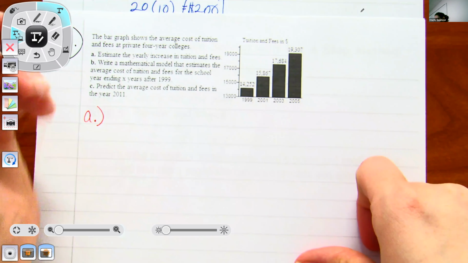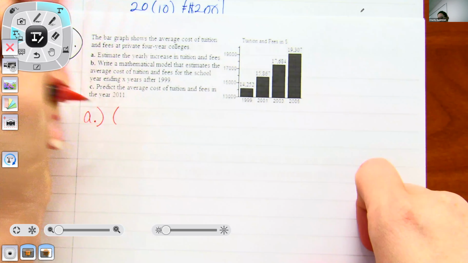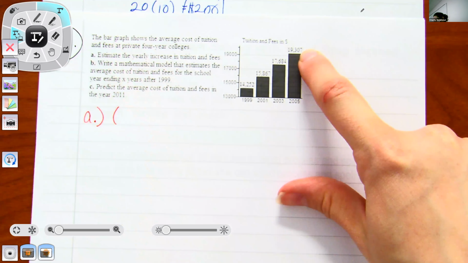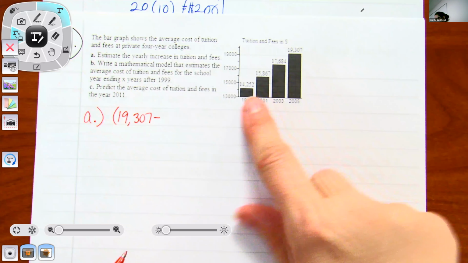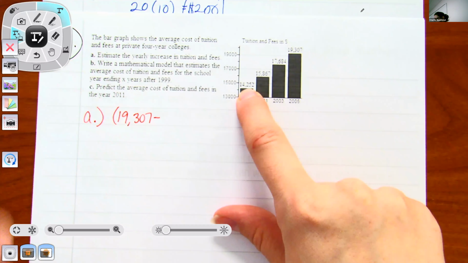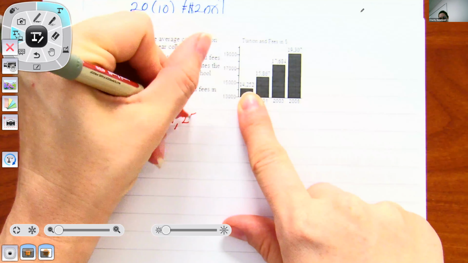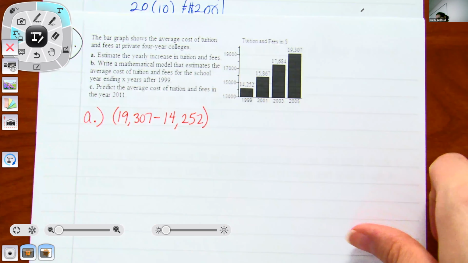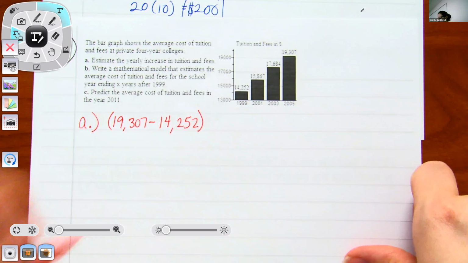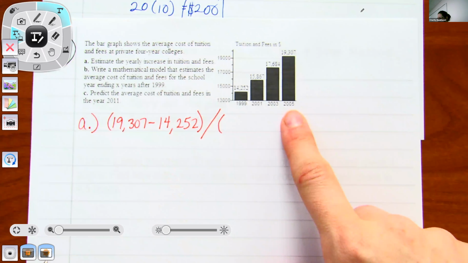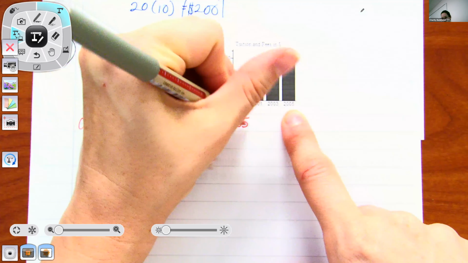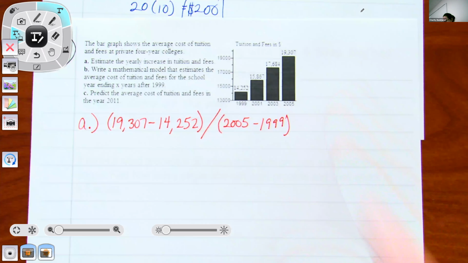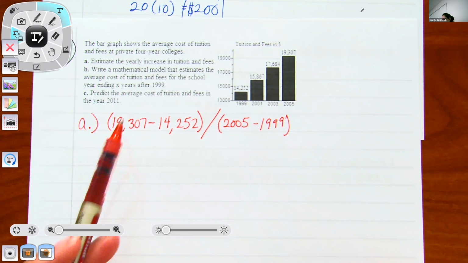So we're going to take this number up here, which is 19,307, minus this number down here, which is 14,252. I'm going to subtract those, and then divide that by the number of years, so 2005 minus 1999. If you have a scientific calculator, you could put it in just like that. Or if not, you can subtract, get that answer, subtract, get that answer, and then divide them.